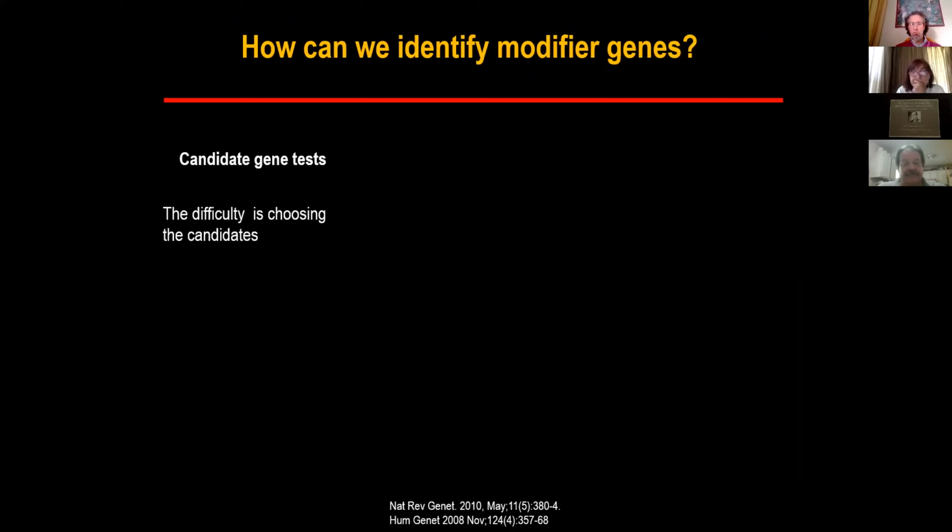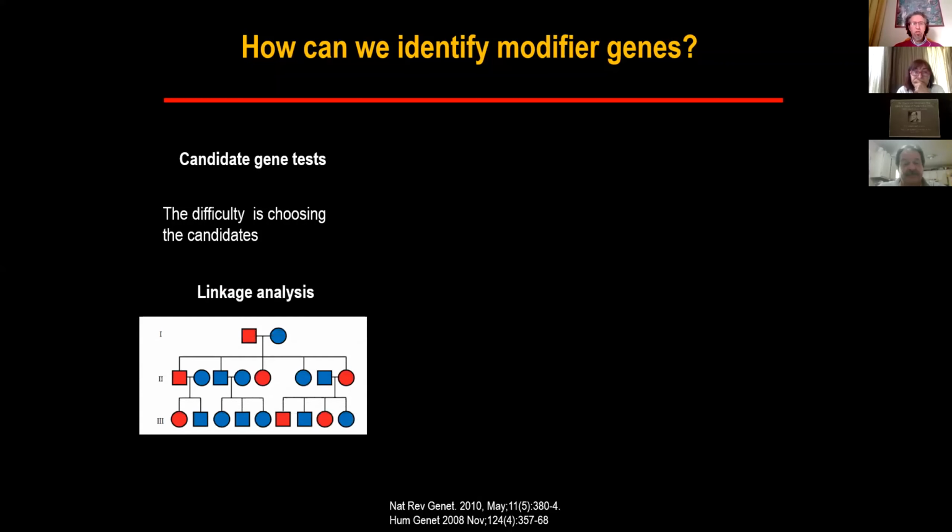Let's say some patients present bone abnormalities, so they look in these patients for variants in genes related to bone homeostasis. Using this kind of approach, at least for Gaucher disease and for other lysosomal storage disorders, we have zero results.